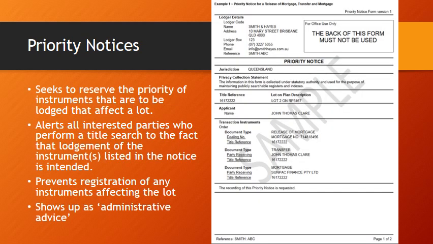Right, let's move on to this second concept of a priority notice. These are a relatively new part of the Land Title Act system in Queensland. Brand new. They just came in January this year, 2018. They're basically a system that replaces what we used to have, called a settlement notice.